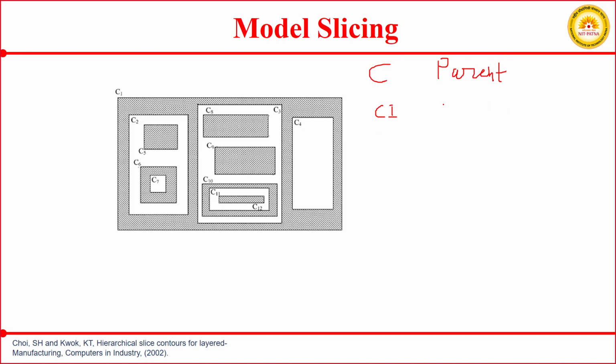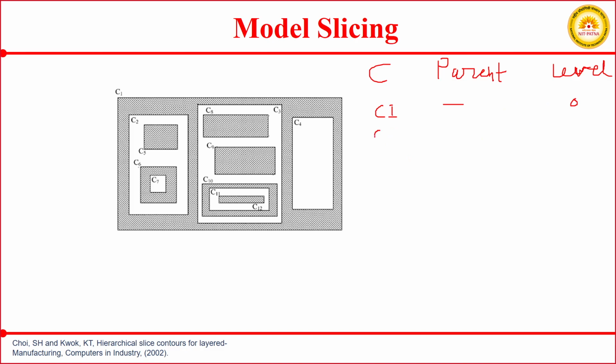Who is the parent? Nobody is the parent, so we can say level 0. Let me write here the level. So for C1 there is no parent, so we can say level 0.